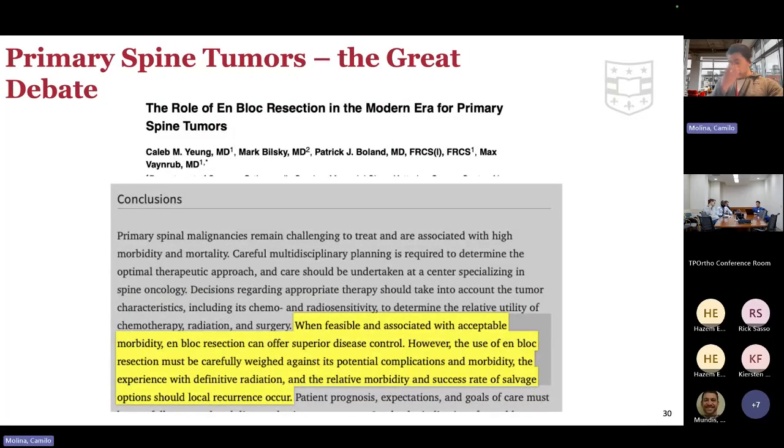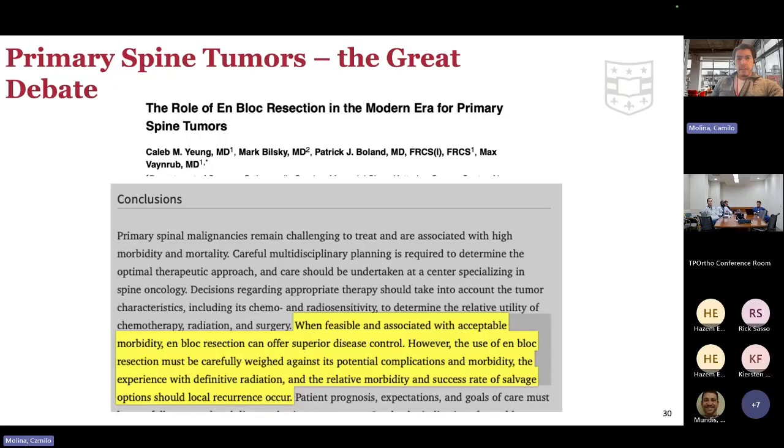But ultimately, even Dr. Bilski, who I know speaks in favor of separation surgery and high dose radiation, has authored multiple papers where he acknowledges that when feasible and associated with acceptable morbidity, en-bloc resection can offer superior disease control. But the devil's in the details, because when is it feasible and acceptable?